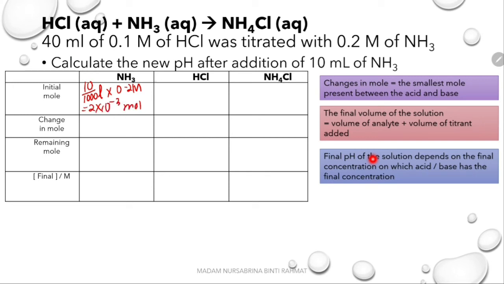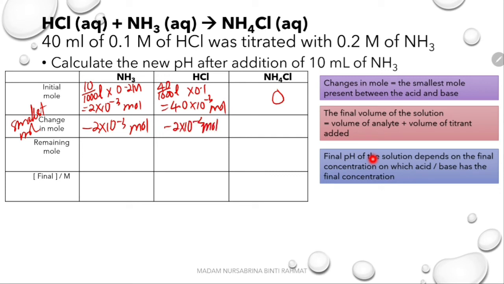My acid is 40 milliliters over 1000, converted to liters, so it equals 4.0 times 10 to the power of negative 3 mole. NH4Cl is being produced, so its initial is 0. The change in mole is the smallest mole, so my smallest mole is ammonia, so negative 2 times 10 to the power negative 3 mole.